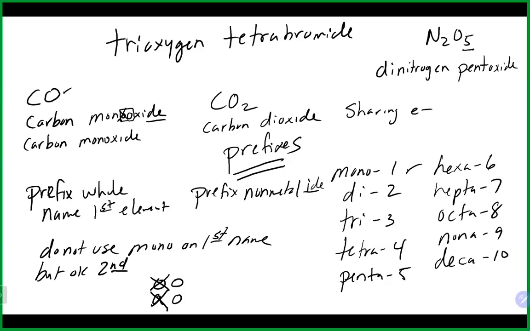It is nonmetal and nonmetal, and also tells me I don't have to worry about anything other than writing what it says. So tri is 3, oxygen is O, so that's an O3, right? Tetra is 4, and bromide is Br4, yeah? Like you could do it in like a half a second, yeah? There's like nothing to figure out other than picking the right prefix and the right numbers based on these.